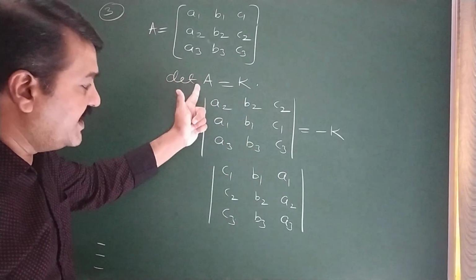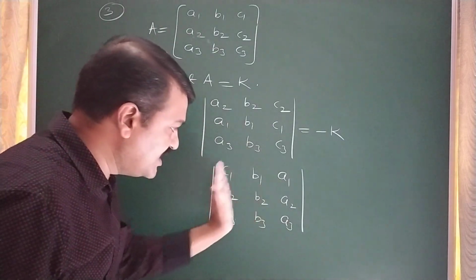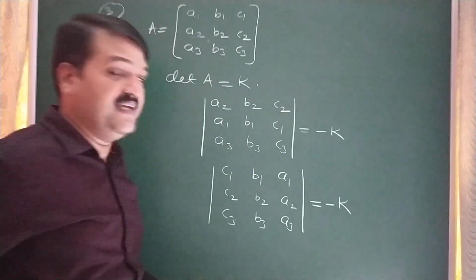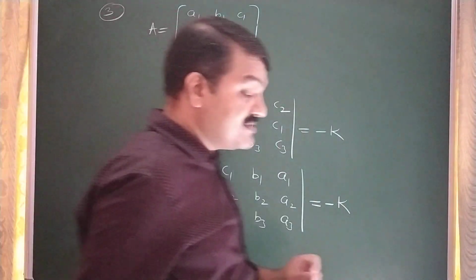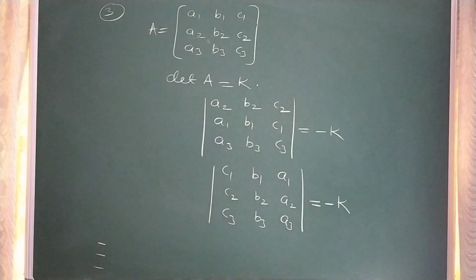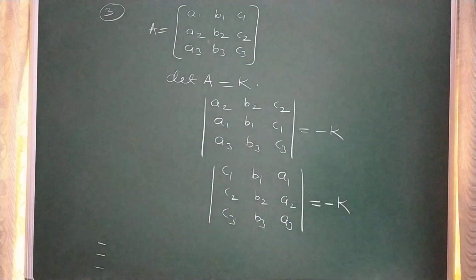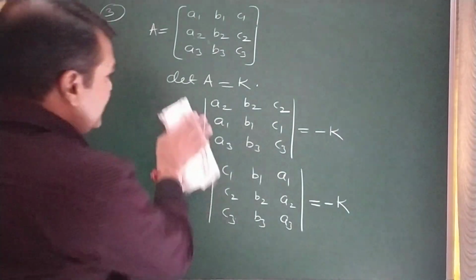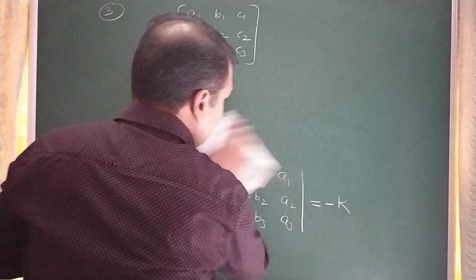Original determinant k. Because I am interchanging two columns, determinant becomes minus k. Why? Because by interchanging two columns, determinant sign changes. Simple logic. Okay. So I will show this property by taking a 2 by 2 matrix.